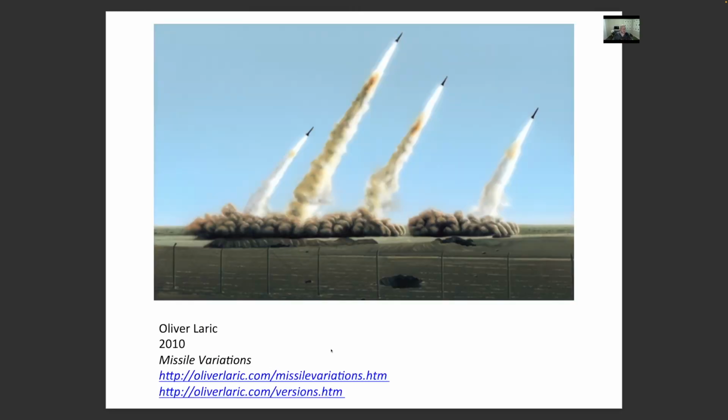Finally, we have Oliver Laric. Oliver Laric is a net artist, so he's a little bit of a sarcastic artist, and a lot of the things he makes are kind of funny. You guys may not remember this, but I think it was 2009 or maybe 2010 when this was made. Iran launched these missiles as a show of military might.